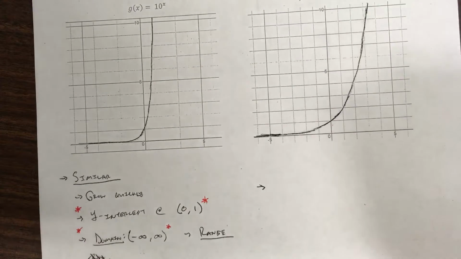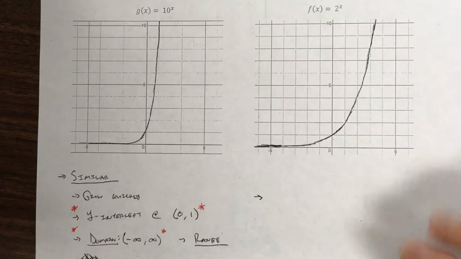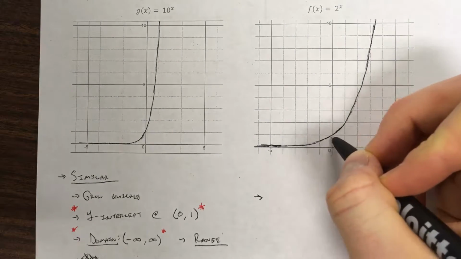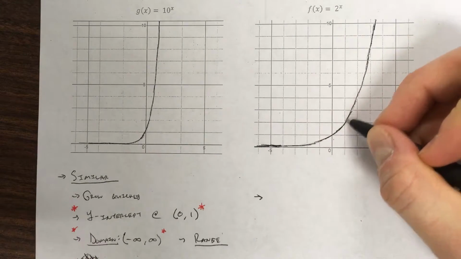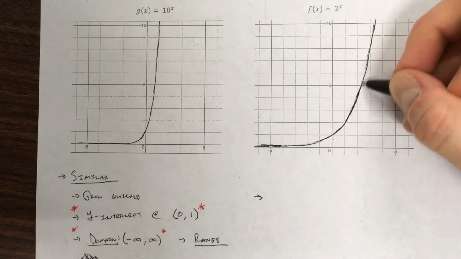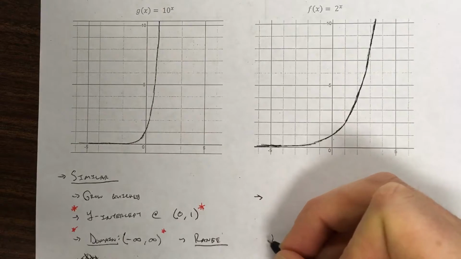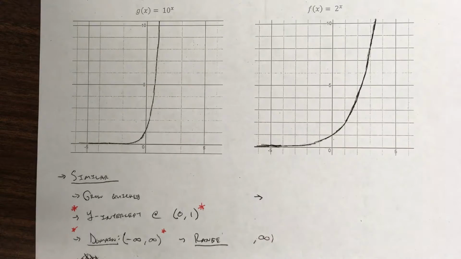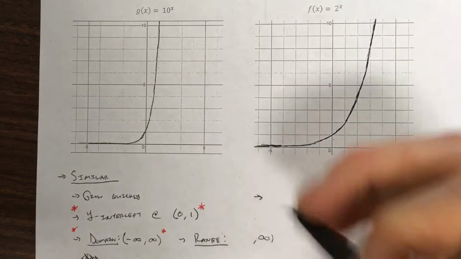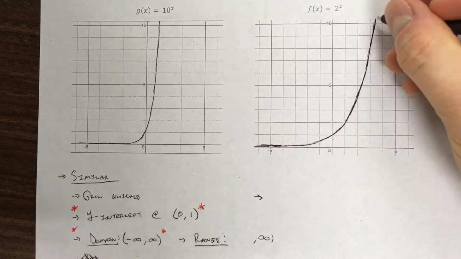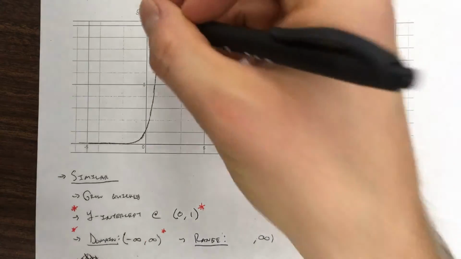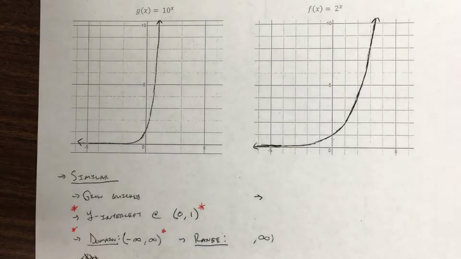And actually what's happening with these functions is that as we go along the function to the right, this function continues to increase. So the highest point is going to be infinity. It continues to go up towards infinity forever. If you want to put arrows here, put arrows here. That's going to be true for both functions.